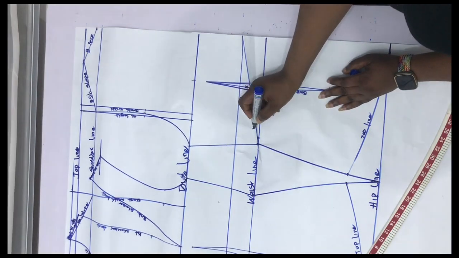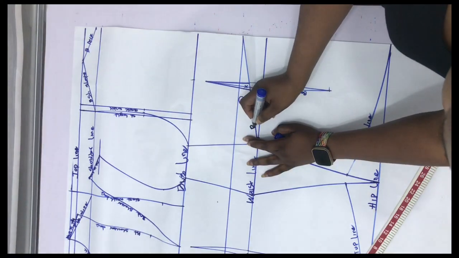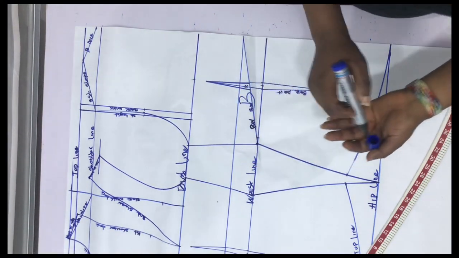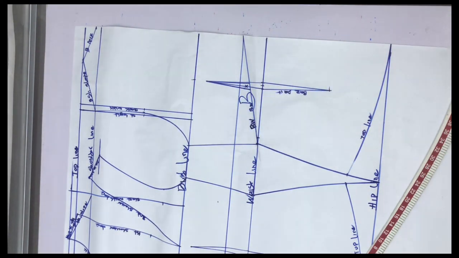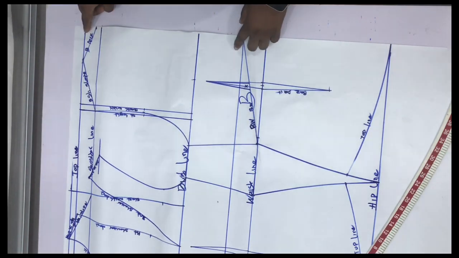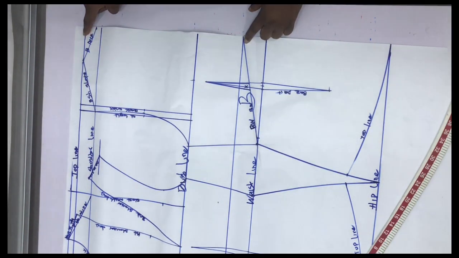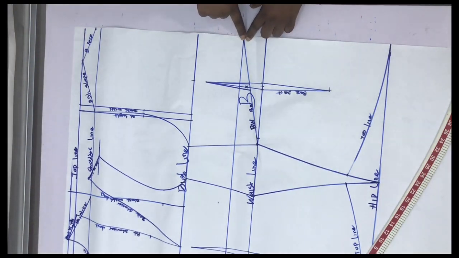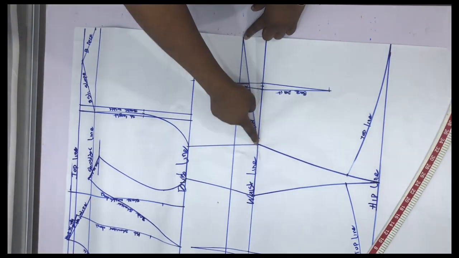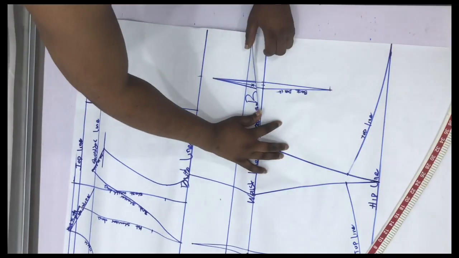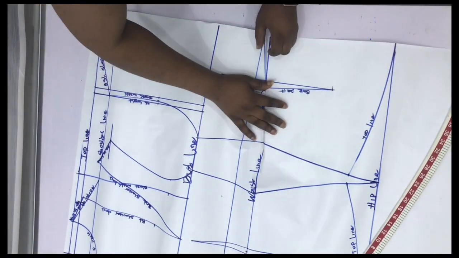You remember that there is some type of bulginess that is always at the back. This is to remove that bulginess. It will make your back seem to be seamless, whether you're using a zip or not. It's going to make it neat and smooth. That is what this is actually for. And because our back waist is always shorter than our front waist, that is what this is for.